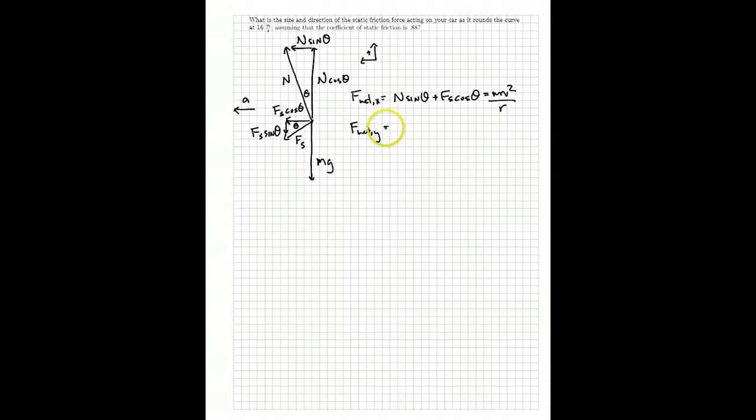In the y dimension, we have n cosine theta pushing up, static friction pulling down, and mg pulling down, and they have to balance. We're not accelerating vertically. So if I'm going to solve for F sub s, I need to eliminate n.